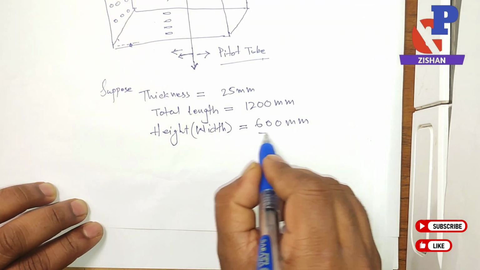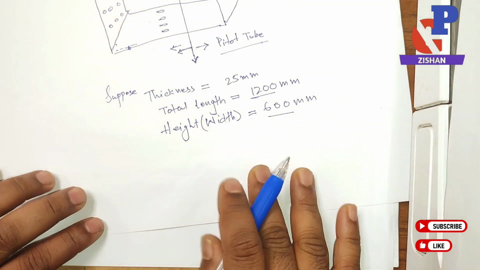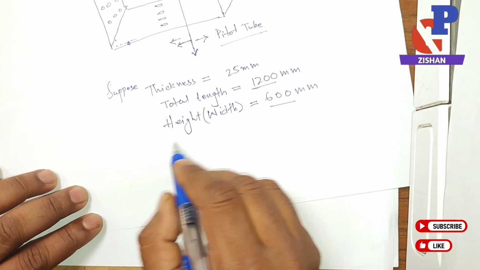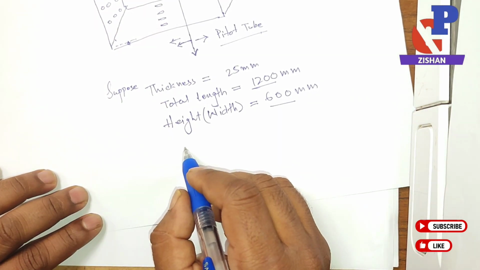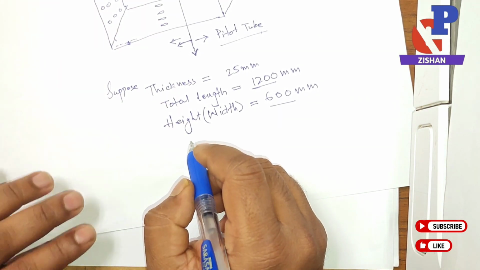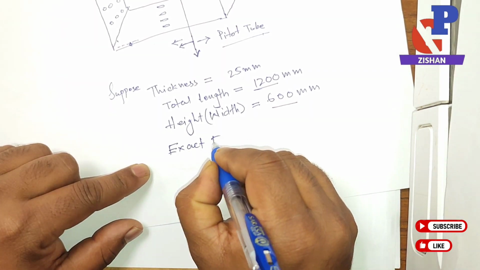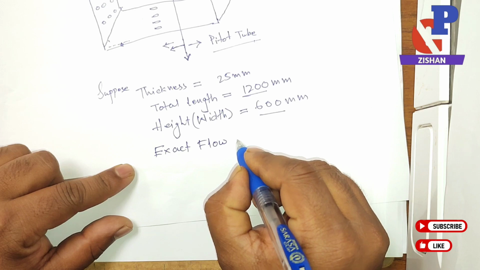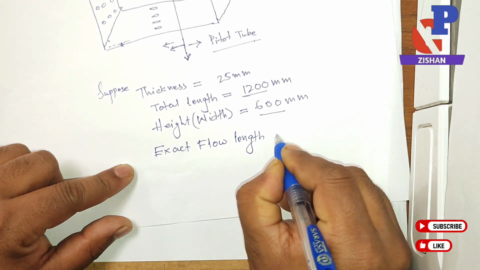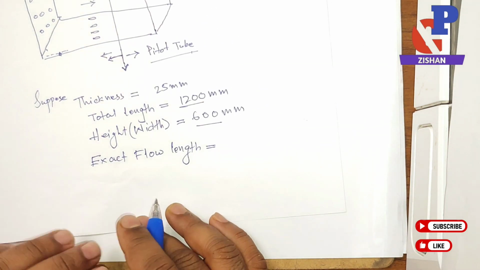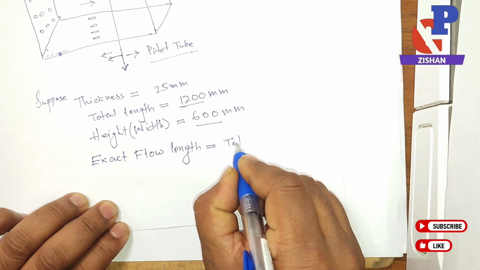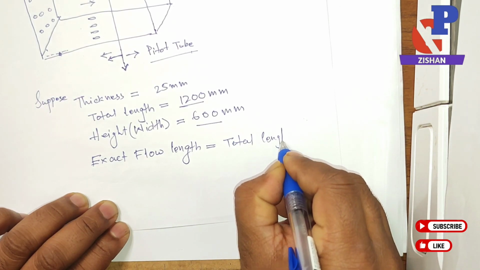And we have to calculate the exact flow length. How can we calculate the exact length? We have to subtract the total thickness. As you see, there is one on the upside and one on the downside. That's why exact flow length equals total length minus 2 into thickness.